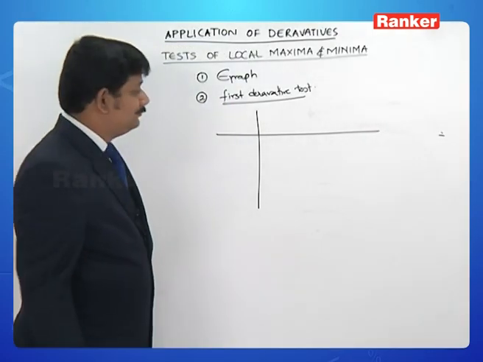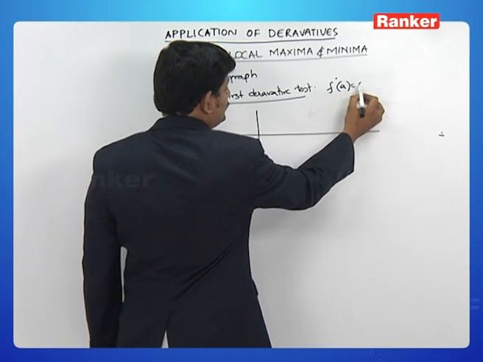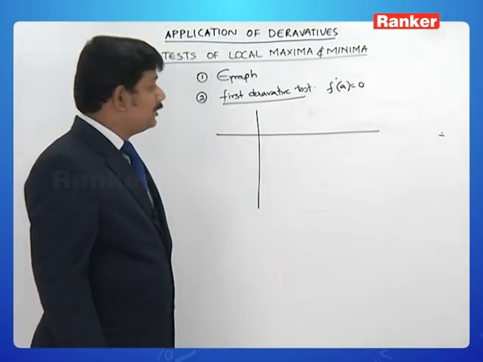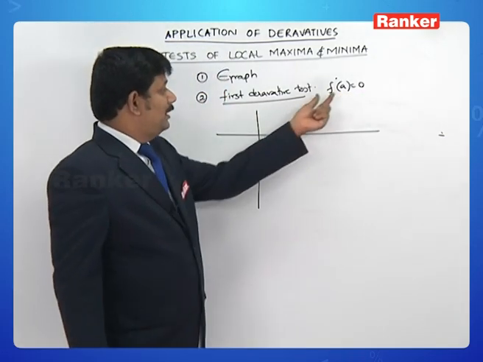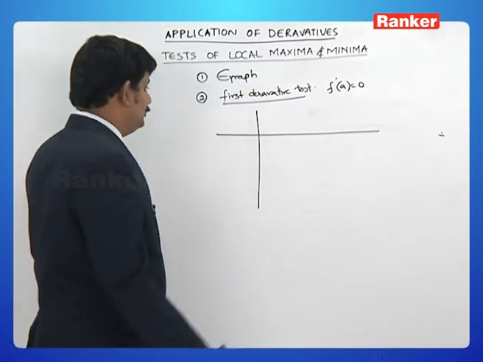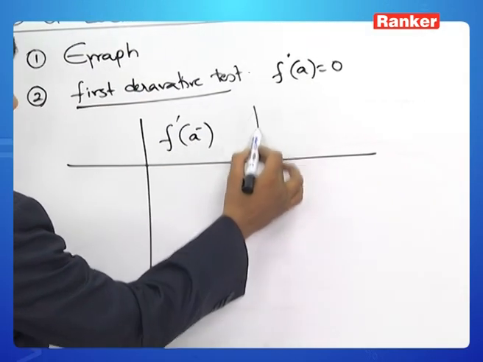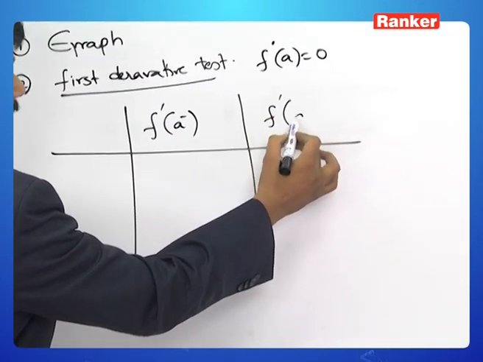In brief, at a point which is a critical point, because the derivative is 0, let us say we are discussing local maxima and local minima at a critical point A, where f dash of A is equal to 0. Now, let us see the sign of f dash A minus and the sign of f dash A plus.